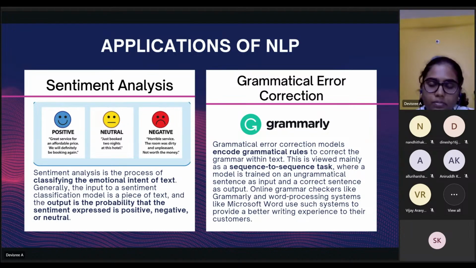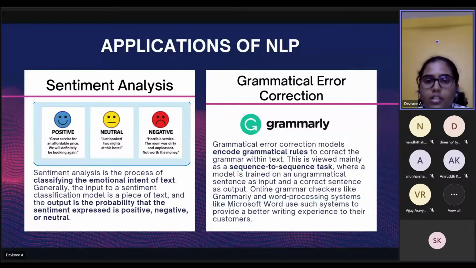Okay. The second is grammatical error correction. Grammatical error correction models are such as Grammarly. We all might have used Grammarly, or even Microsoft Word, which automatically corrects your grammatical errors.